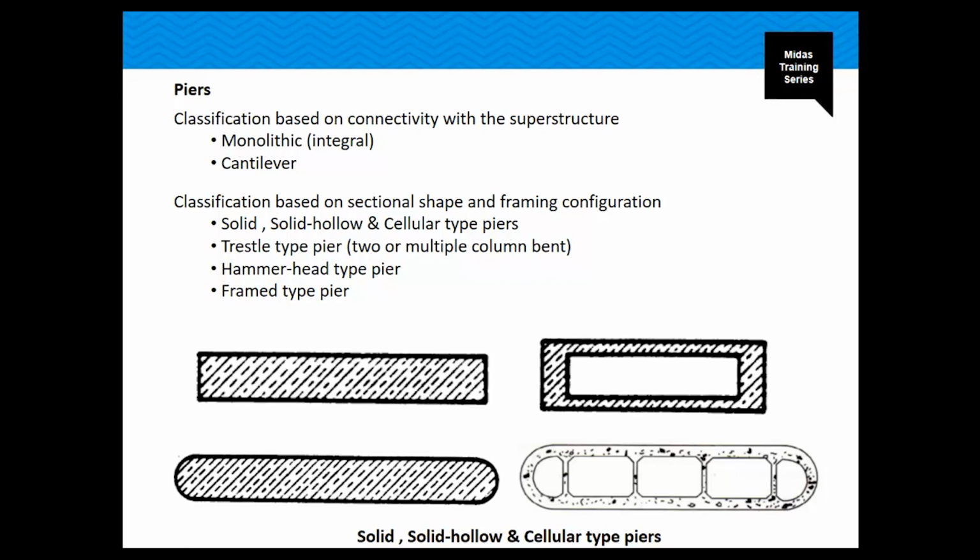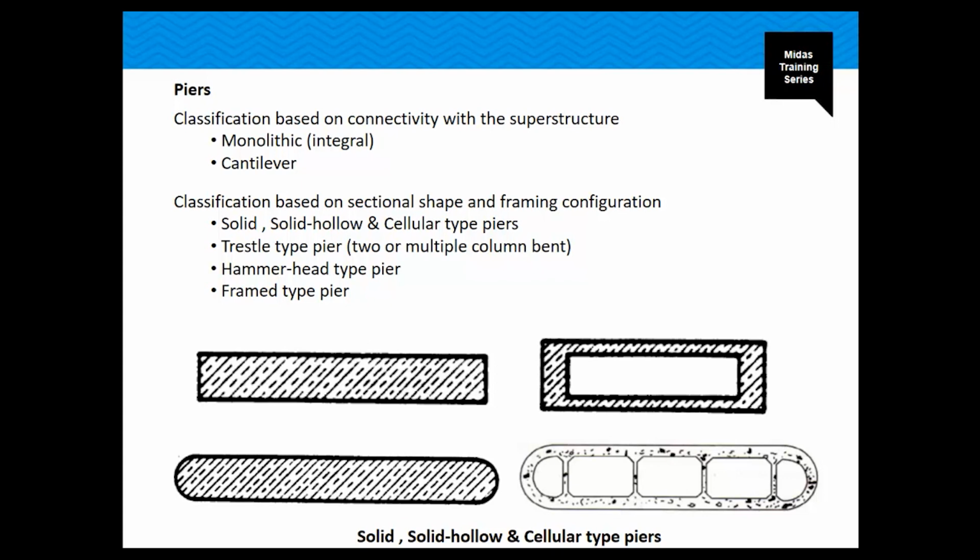For example, the solid, hollow, and cellular types, which are the ones shown here, based on the sectional shape, can be of different cross-sectional shapes and are often used as a water crossing, since they can be constructed to proportions that are both slender and streamlined.